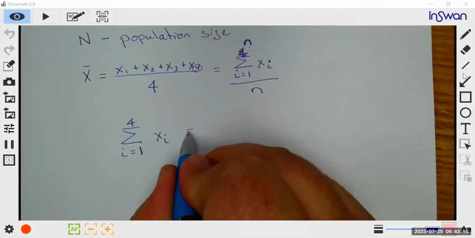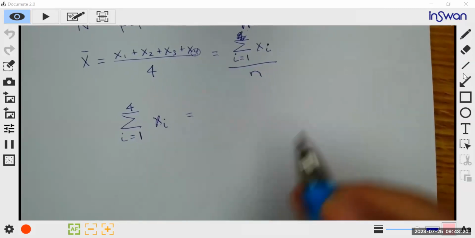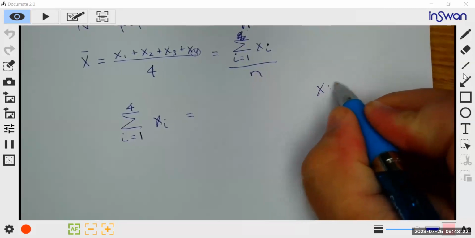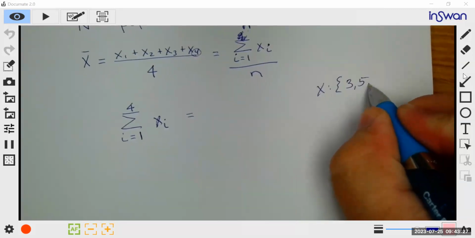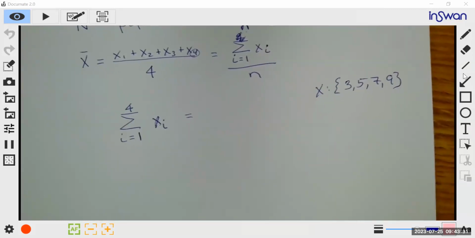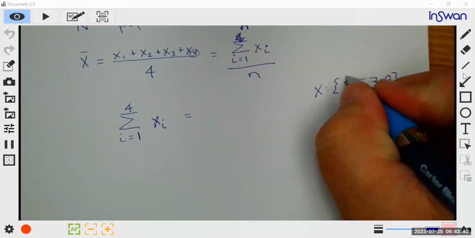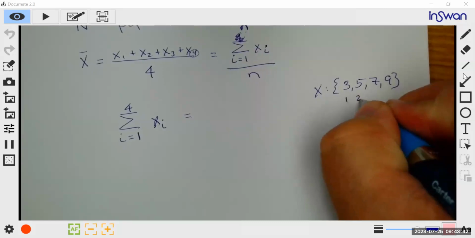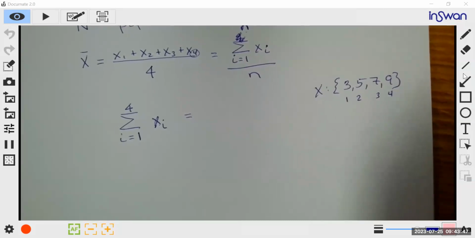So how do we read this? The way we read this, you notice this X. This X represents our data points. Here is our data set. Let's say it's 3, 5, 7, 9. That's our data set. These are all labeled. This was the first data point we picked. This was the second. This was the third. This is the fourth, right?